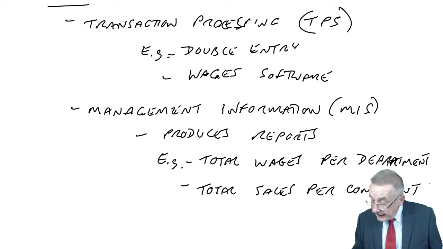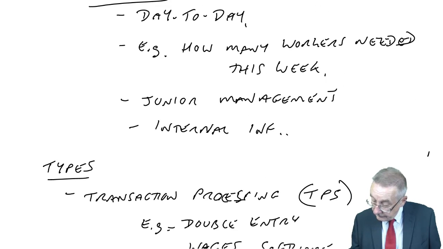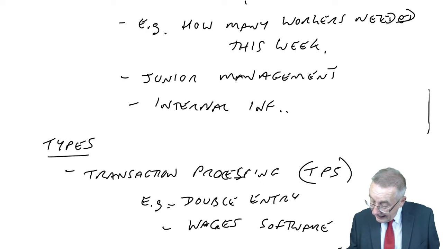Now that's fine as far as the day-to-day running of the business is concerned. However, when we look at the strategic decision making, we've already said they're very much one-off long-term decisions.